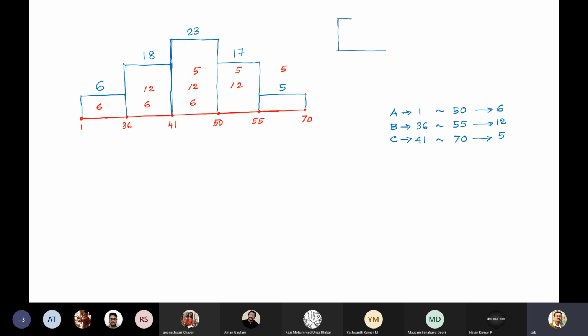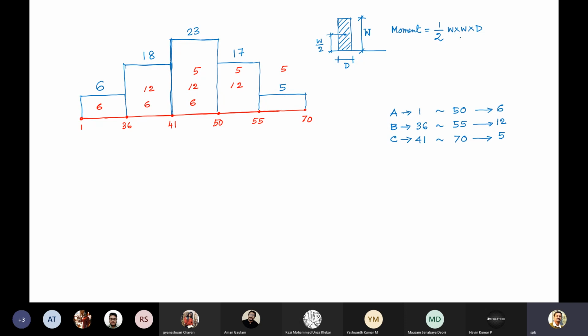For any activity, this is the duration D, and this is the number of manpower, suppose W. So the moment is half of W into W into D. The area is W into D, and the half of W is the CG of this, which is W by 2.